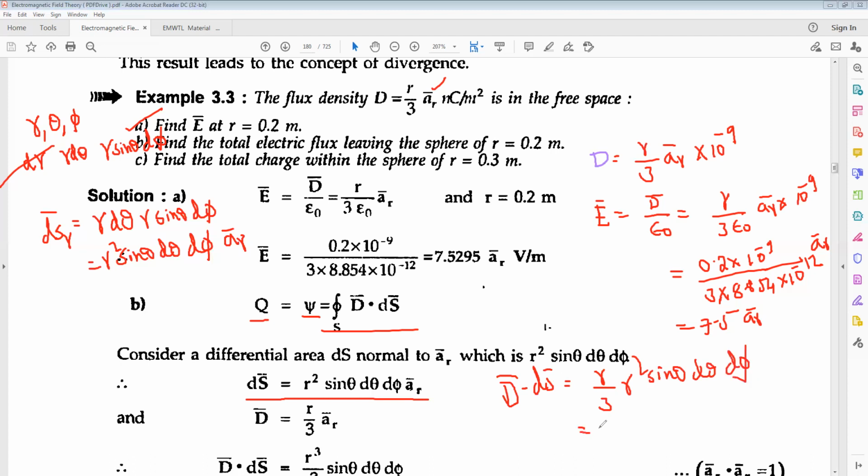So r into r square is r cube by 3 sine theta d theta d phi. You can apply the integral to get the total electric flux leaving the sphere with the radius of 0.2 meters. Substitute r equals 0.2, 0.2 whole cube by 3, and simplify.